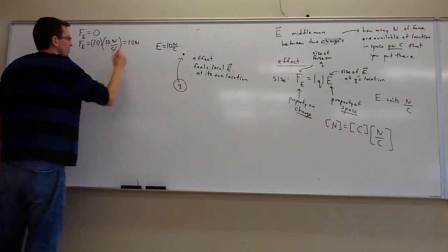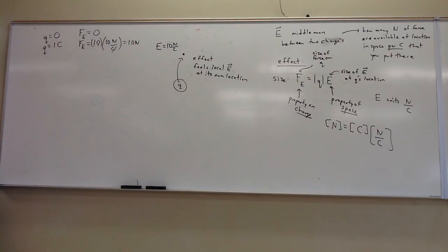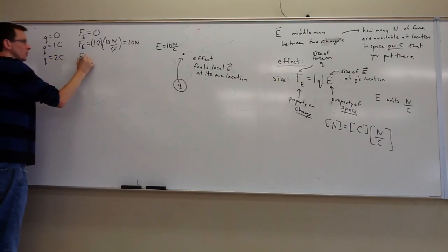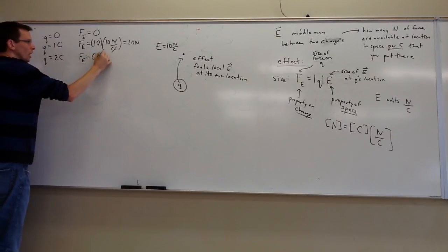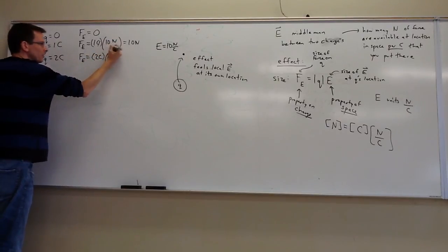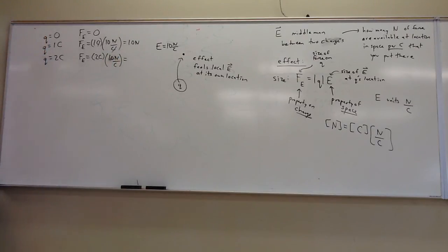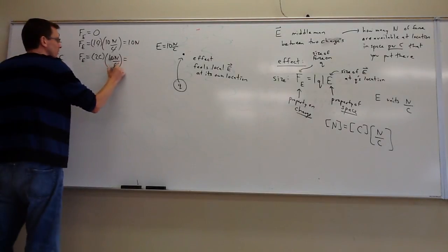That particle will experience a force of size 10 newtons. Let's swap it out with 2 coulombs, placed at a location in space where 10 newtons of force are available per coulomb. How much force is that particle going to experience? 20.